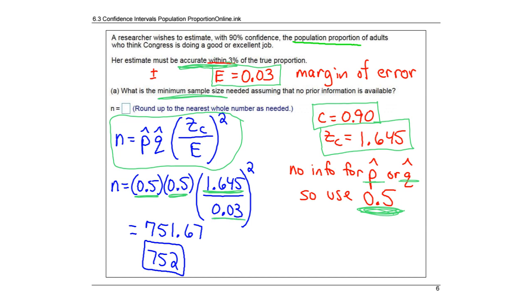And then our margin of error is 0.03, and we're going to square that. So as soon as we do that, we get 751.67. We're going to round that up. And our answer is that our sample size needs to be 752 people that we want to talk to if we want a 90% confidence and a margin of error of only 3%.